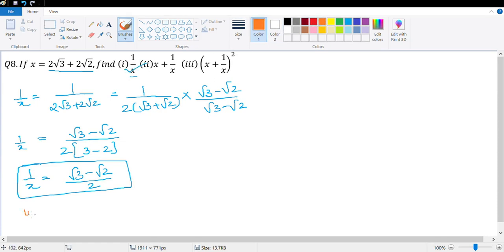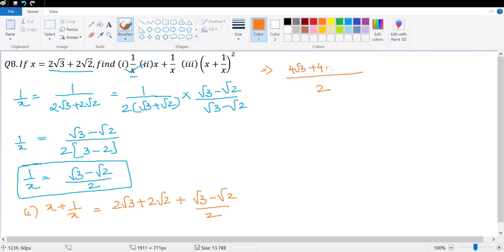Second part says x plus 1 upon x. So this would be equal to x, which is 2 root 3 plus 2 root 2, plus 1 upon x, in this case root 3 minus root 2 upon 2. Let's take the LCM. So what we get is 2 is the LCM. So we have 2 into 2, that's 4 root 3 plus 4 root 2 plus root 3 minus root 2.